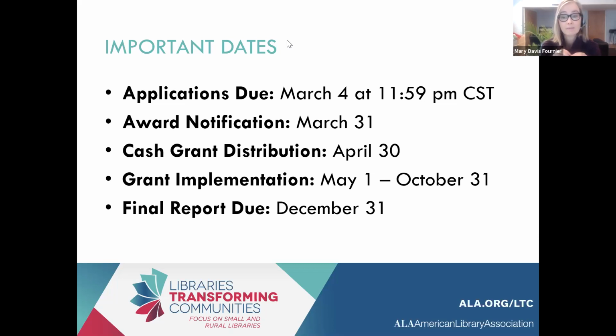Either one of those may be eligible, but as long as your community is under 25,000 people, you are considered a small community. And as long as you are within 20 miles of a community over 25,000, you are considered rural. So if you fall into any of those categories, you are eligible for this grant. Public, academic, tribal, school, any type of library.